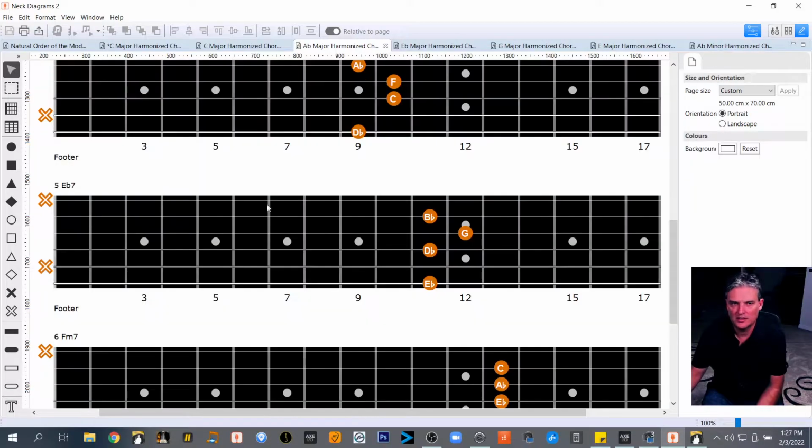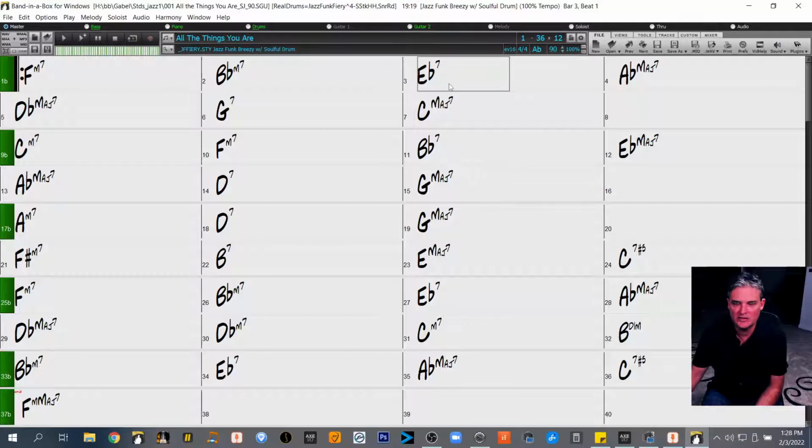But there's only one dominant chord, and oftentimes in these types of tunes you're going to have a bunch of what's called 2-5-1 progressions. So if we can identify that dominant chord, because there's only one within the harmonized scale, then we can identify the 1 chord and the 2 chord and so forth. So let's go back here. We have this E flat 7.